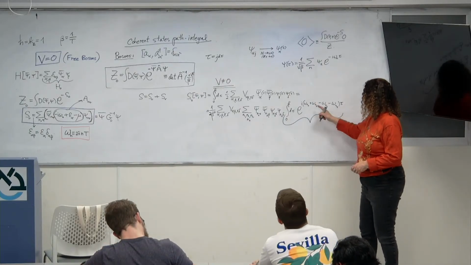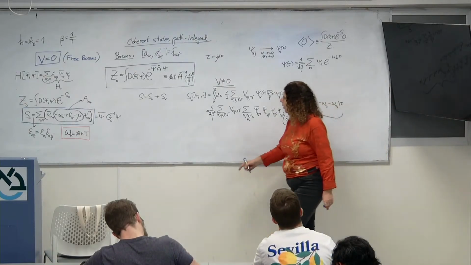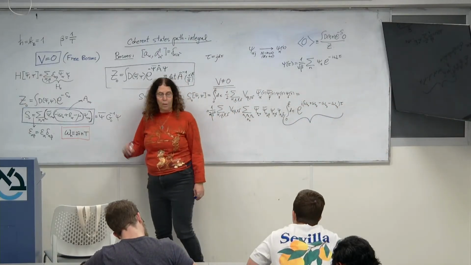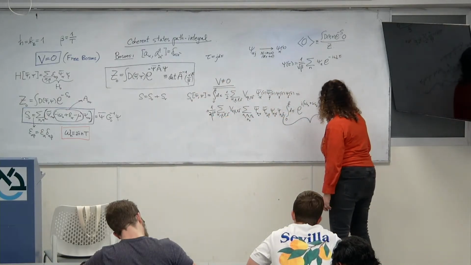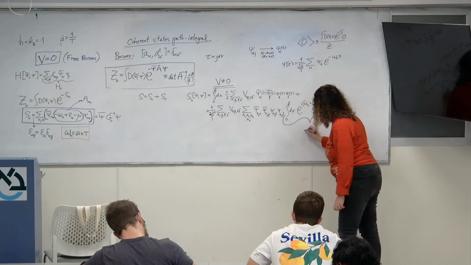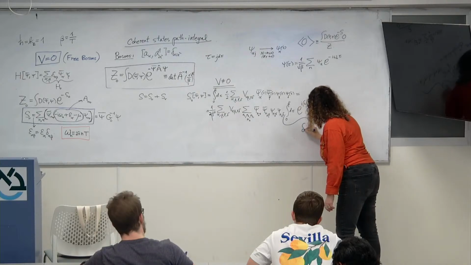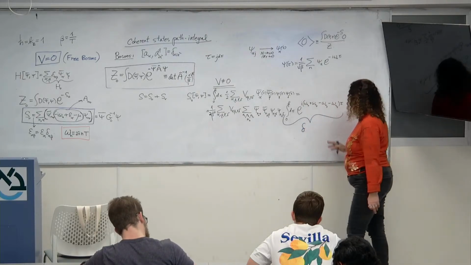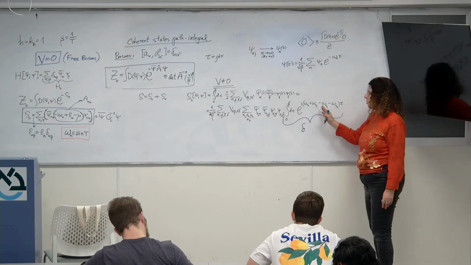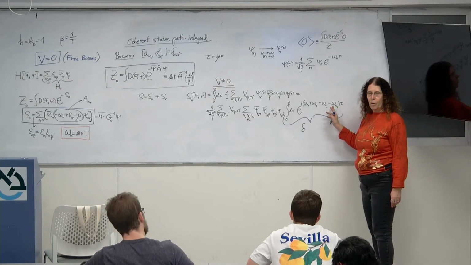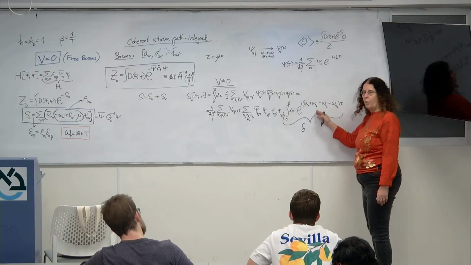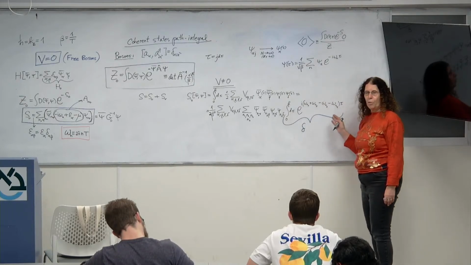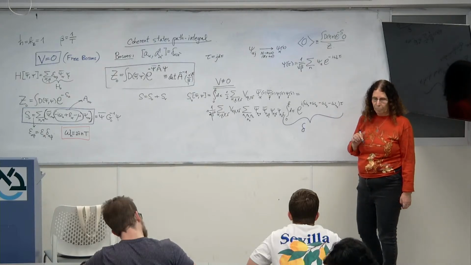Because all these omegas are integer multiples of 2 pi times t. So this gives me a delta, and the delta only constrains one of the indices, because the summation n1 plus n2 minus n3, n4 has to be 0, right?